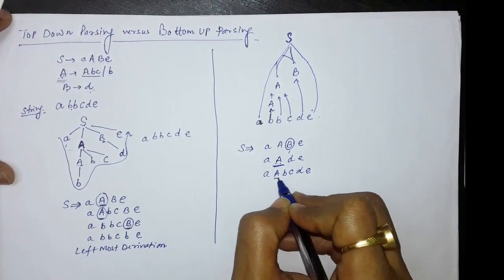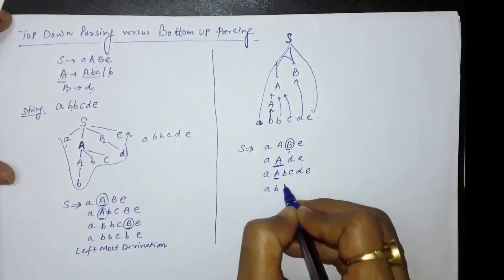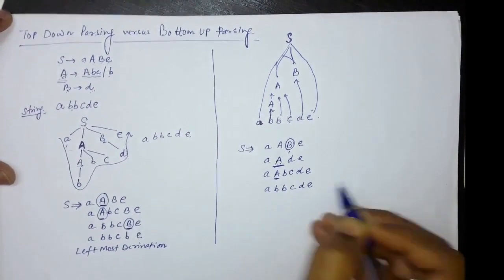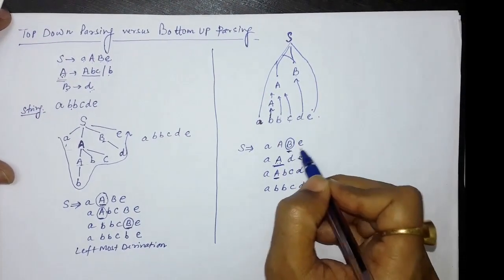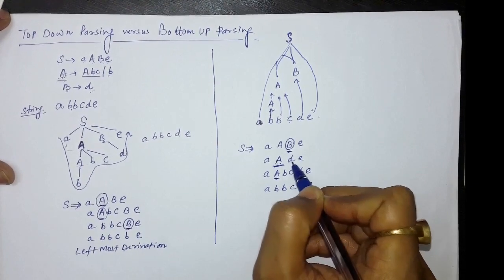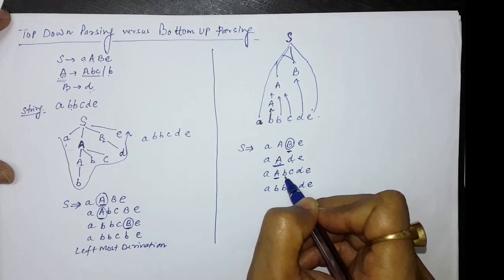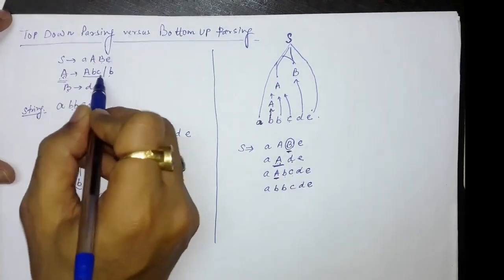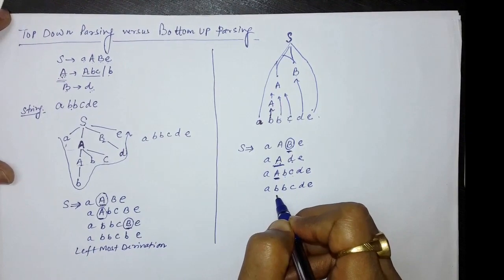Now we are deriving A to small b. So the first replacement is B produces d. Next we have capital A and we are reducing it with the help of A produces ABC. And now we are resolving this symbol, A produces b.